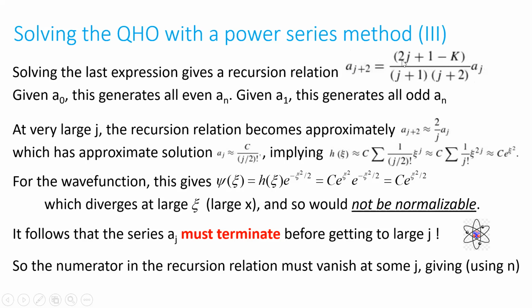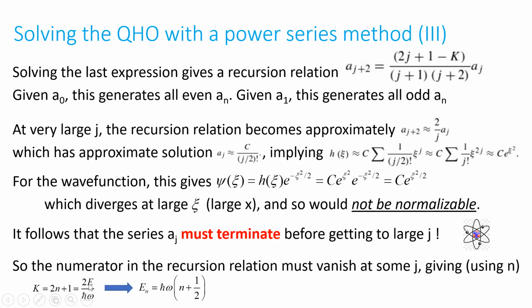So k equals 2n plus 1. That will make the numerator 0. But if we look back, k was defined as 2E over H bar omega. That was just a way to make the equation appear more convenient. So we have 2E over H bar omega.